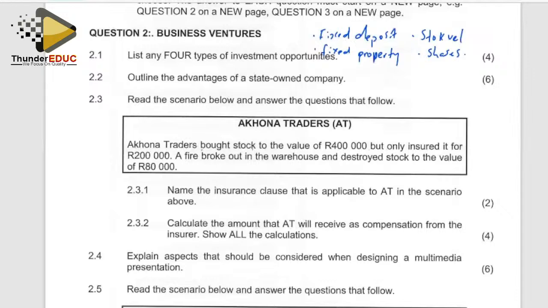So now one of the advantages of state-owned companies is that jobs are created for all skill levels, and also wasteful duplication of services is actually eliminated, and also generate income to finance our social programs. So we're saying that jobs are created for all skill levels, and also we are saying that generate income to finance social programs.